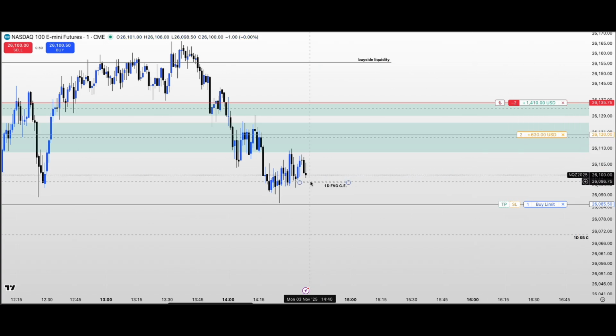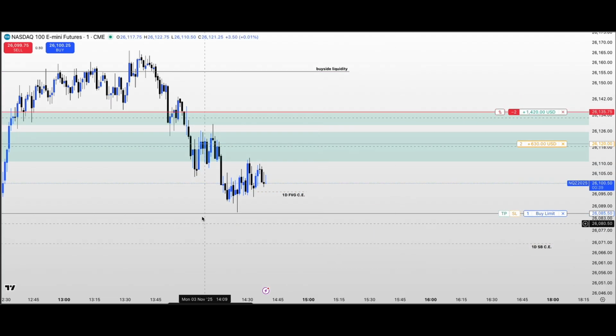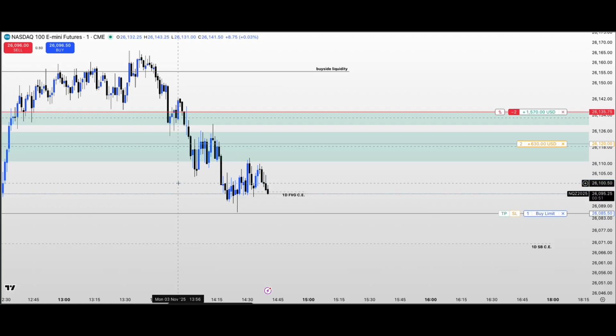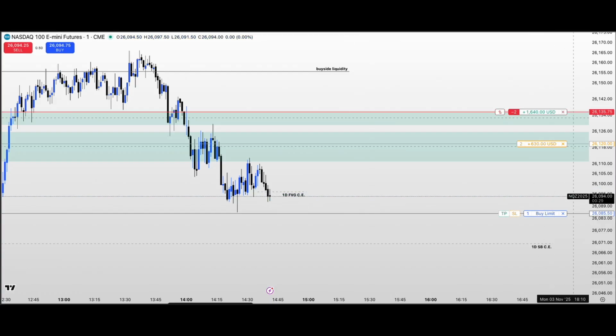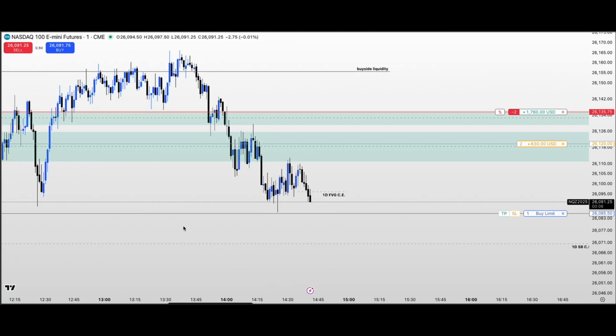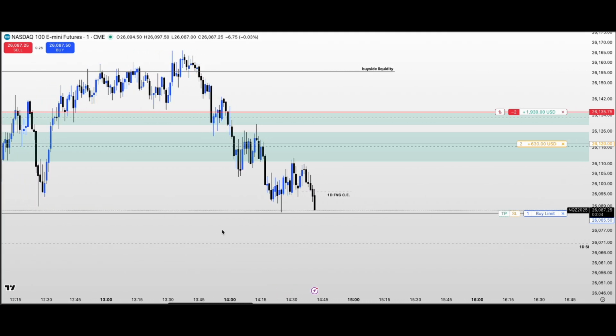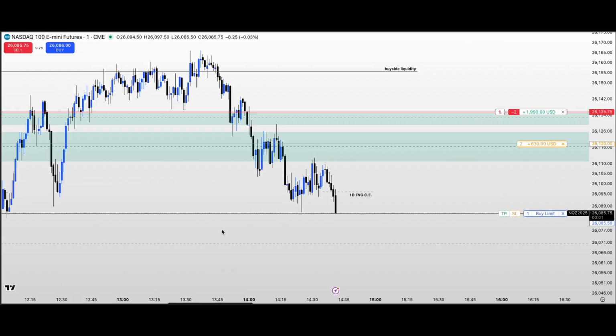I want to see displacement below this. Okay, seeing some strong displacement again.